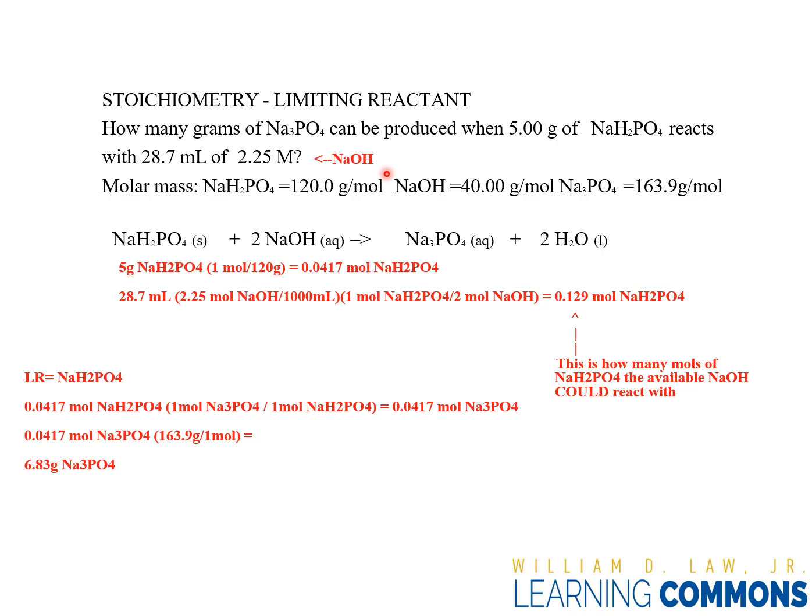And also he gave me the molar masses: sodium dihydrogen phosphate 120 gram over mole, sodium hydroxide 40 gram over mole, and trisodium phosphate 163.9 gram over mole. And as I mentioned, first of all, I have to check the balance of the formula.